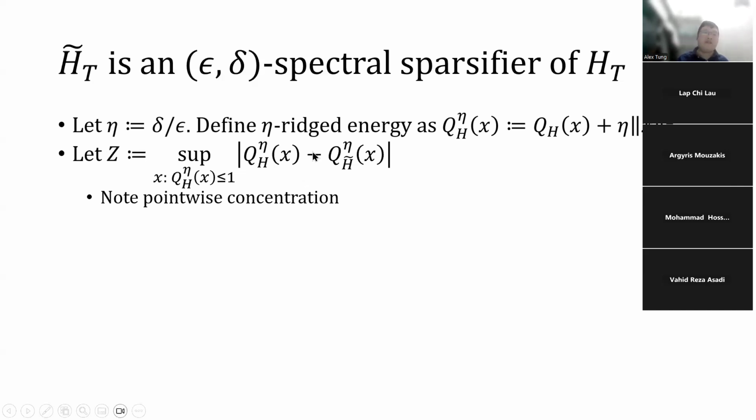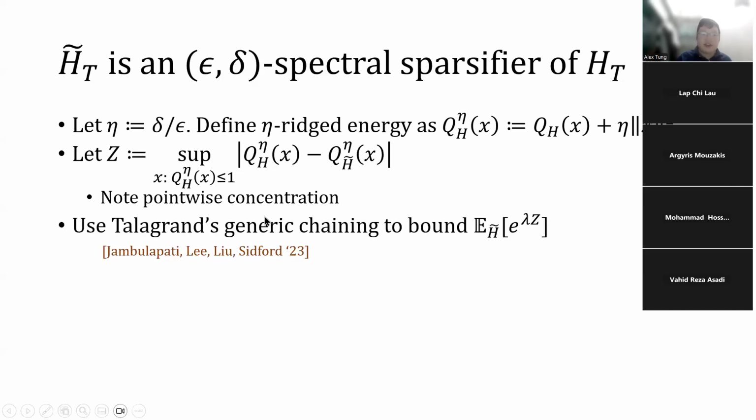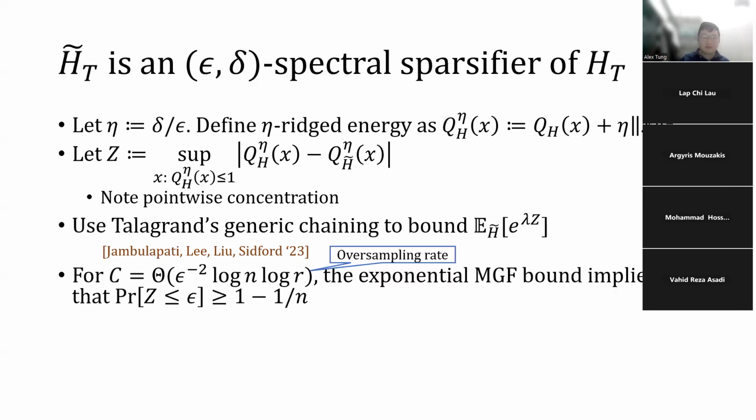And for each fixed point x, this is basically a sum of Bernoulli random variables, shifted so that it's unbiased. So there's pointwise concentration, and then using Talagrand's generic chaining, we bound basically the exponential moment generating function. And then we can show that for the same oversampling rate, this bound implies that the error is less than or equal to epsilon with high probability.